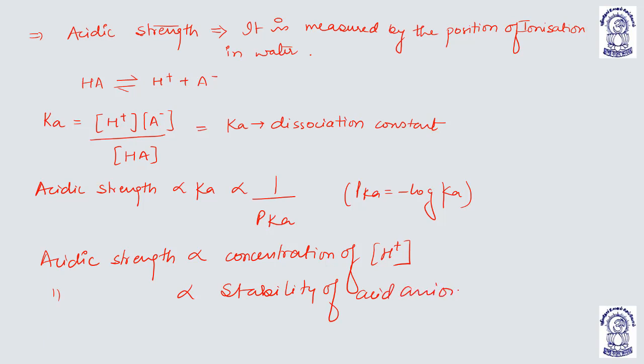So these two things are measurable for the acidic strength. One is the concentration of H plus ions. Second, the stability of acid anion, which means the conjugate base. Understood? So if the conjugate base is more stable, then the acidic strength will be high.